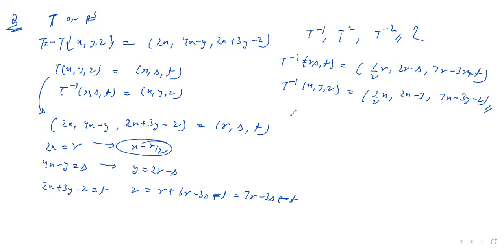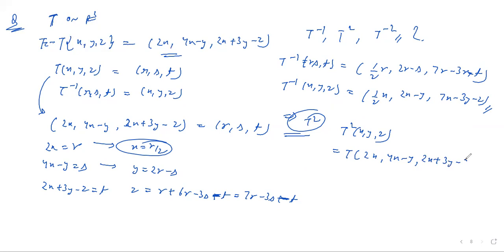Now if I look at T square, if I want to find T square, it means apply the transformation T twice. So T square of (x, y, z) means I have to apply the transformation T on T of (x, y, z). That means T of (2x, 4x minus y, 2x plus 3y minus z).